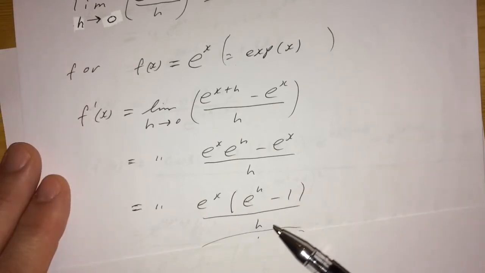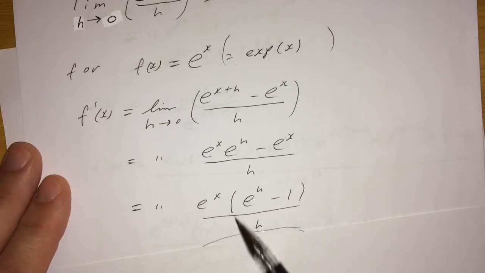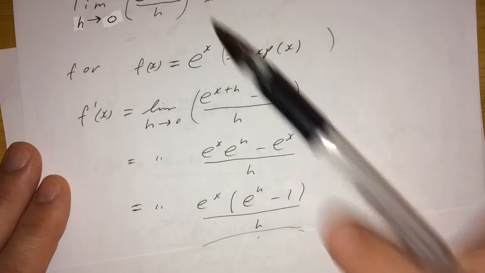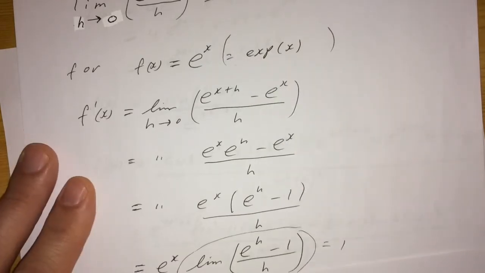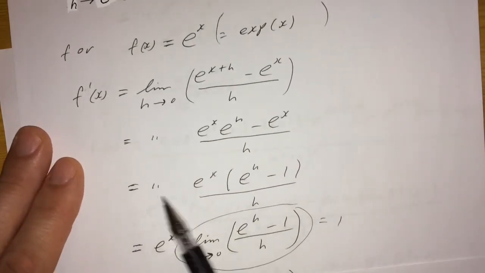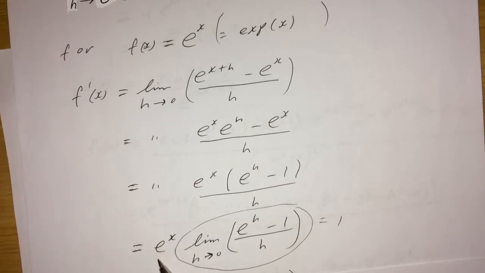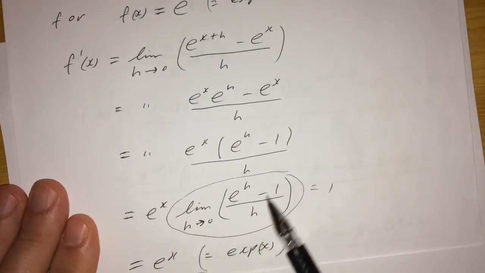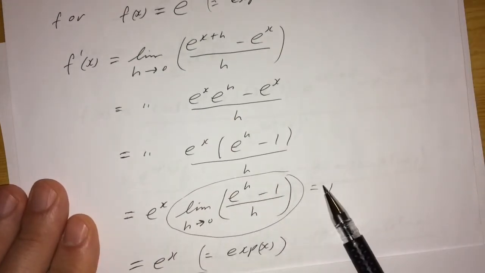This makes life really easy, because you see that this piece right here is this limit. So we can use our limit rules by distributing the limit in. The e to the x doesn't have an h in it, so it's treated like a constant. And you know that this limit equals 1.